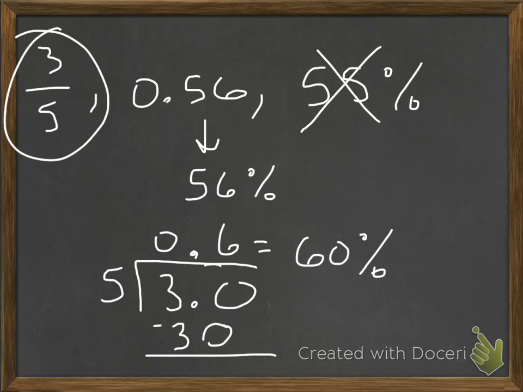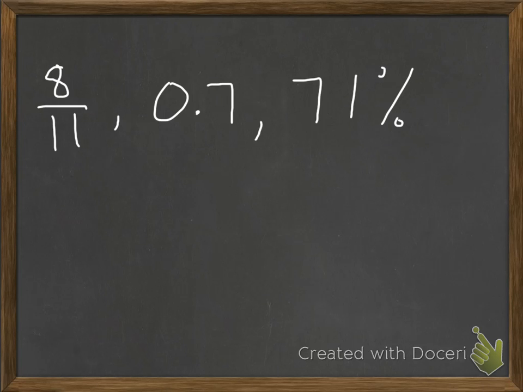You want to change all 3 numbers into percents. So one of them is already done for you. The other one, you just get rid of the decimal and the 0, make it a percent, and you just have to find out what that fraction equals. Here we have 8/11ths, 0.7, and 71%. So I'm going to change my 0.7 to 70%.